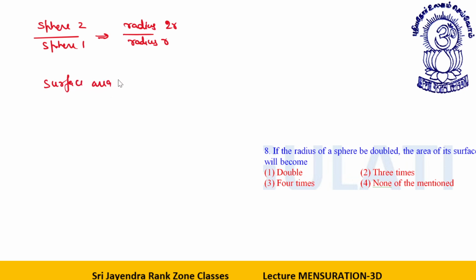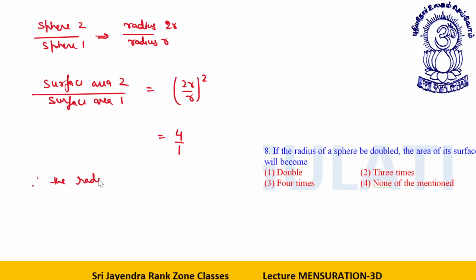Surface area of second upon surface area of first. That will be what? 2r square upon r square. That will be 4 is to 1. Therefore, the area becomes 4 times. Okay. Clear?